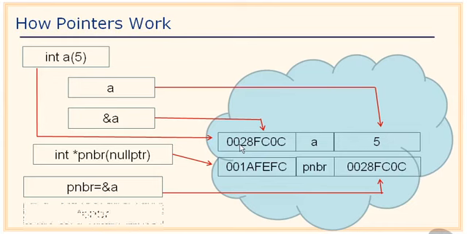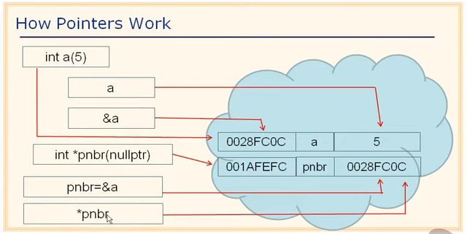Now, if I call the asterisk pNumber, and this is the dereferencing of pNumber, this is telling it, show me the value of whatever pNumber is pointing to. And so when I execute this and try to read it, notice it goes to pNumber and reads it, and it says, okay, he's trying to read the value of whatever is at 0028FC0C.